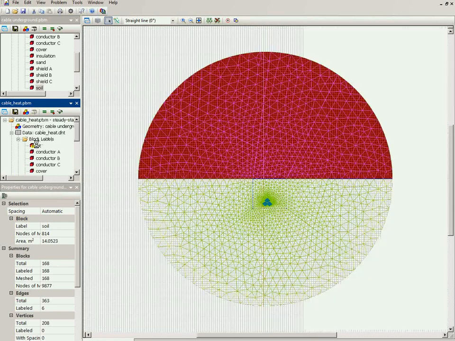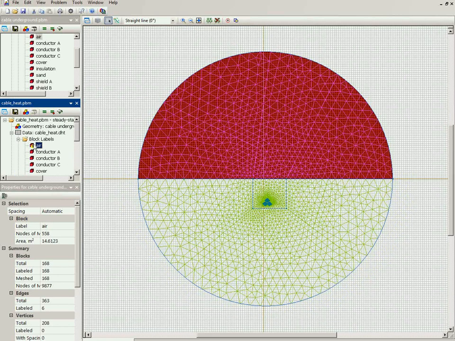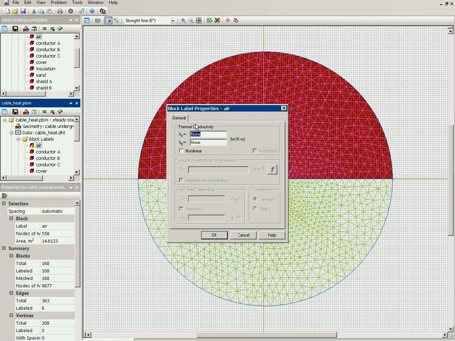Now the air is excluded from the calculation. I do not specify any thermal conductivity because the air is moving. It's not an unmoving media.